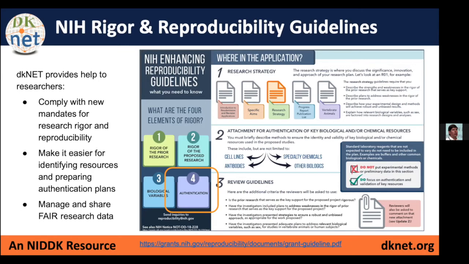And I mentioned the research resource identifiers earlier. That's another tool that journals are using to make the research more reproducible, by identifying what exact reagents were used by the researchers.